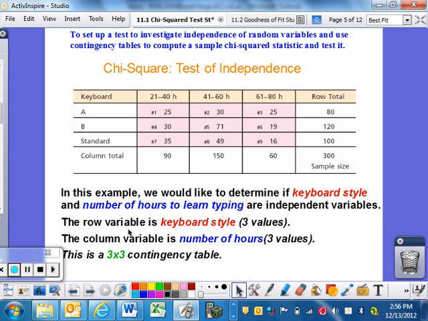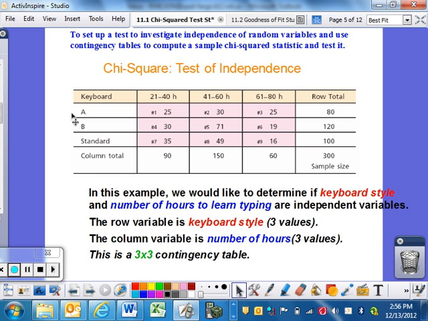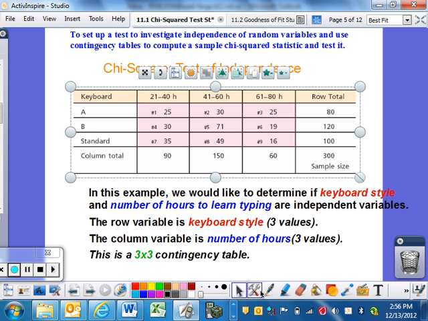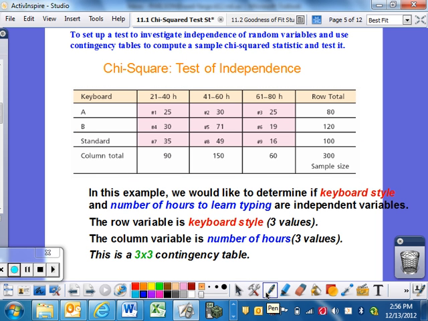The keyboard style is keyboard A, B, and then standard, and the number of hours that you practice, or how long it takes to get to a certain level, is in the columns. These 9 numbers are the ones we're going to focus on a lot. And this is the observed amount. This number is what has been observed.